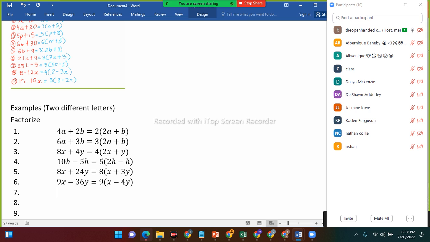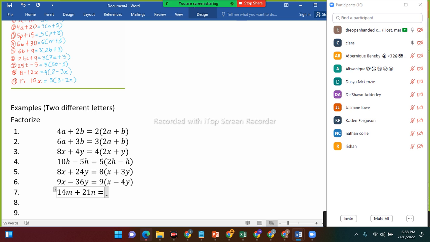And sometimes it's not as pretty as we would like it, because sometimes we could have something like 14m plus 21n. Sierra, how would we do something like this?